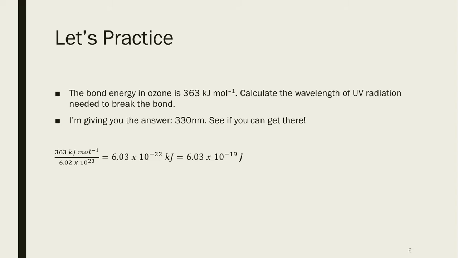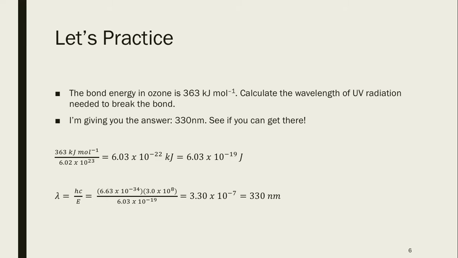Okay, so I'm starting with the energy, 363 kilojoules per mole, dividing by Avogadro's number, 6.02 times 10 to the 23rd, to get me to kilojoules, and then I convert it to joules, and then plugging in to the equation for wavelength, you get the same answer, 3.30 times 10 to the negative 7th, and converting that to nanometers gets you to 330.